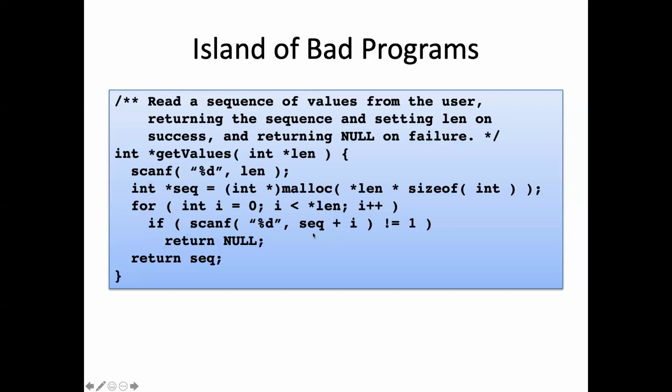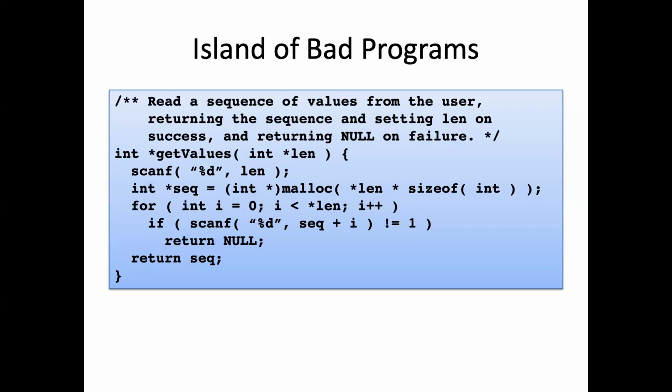I call scanf to read each one from the user, and I'm doing a little pointer arithmetic. Up here, sequence is a pointer to an int. I think of that as my dynamically allocated array that's got room for all the values I'm about to read. Scanf is expecting, if I say I'm going to read an int, a pointer to where it should store that int.